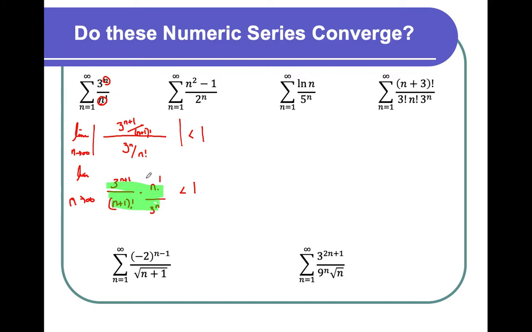I'm going to take this off into my workspace. I'm going to say, hello, 3 to the n plus 1 could be written as 3 to the n times 3, couldn't you? And then n plus 1 factorial could be written as n plus 1 times n factorial, right?